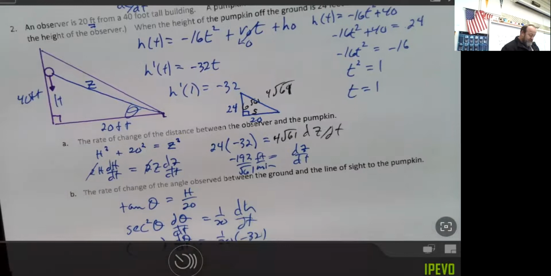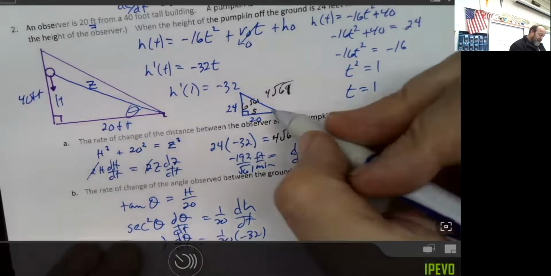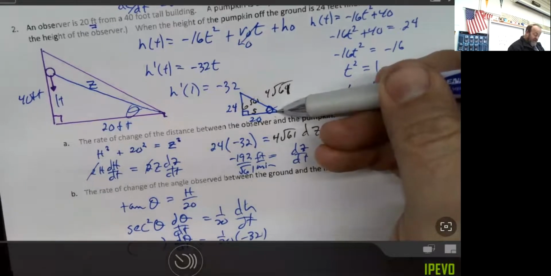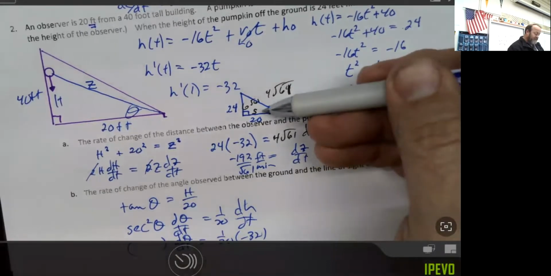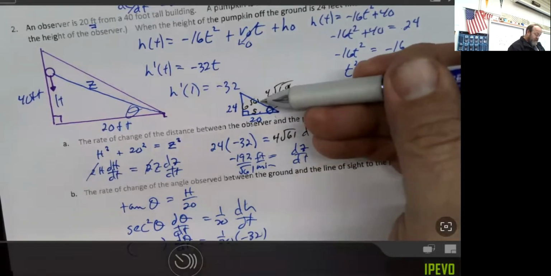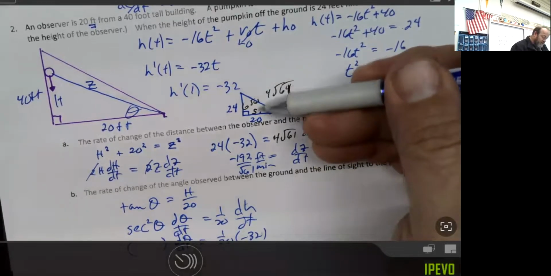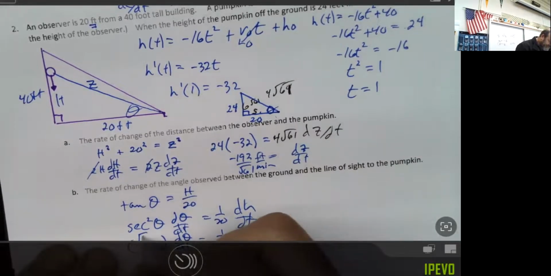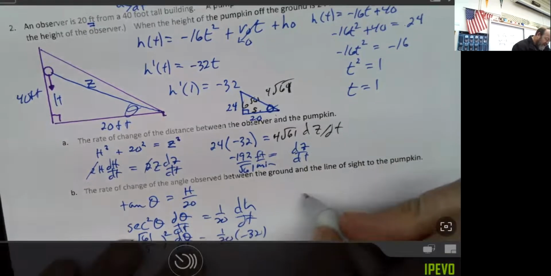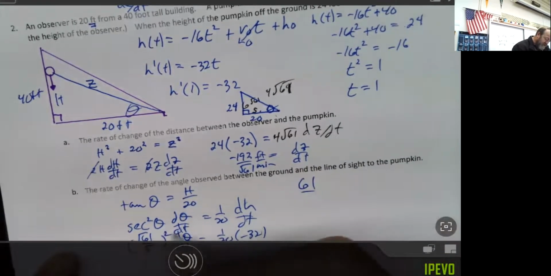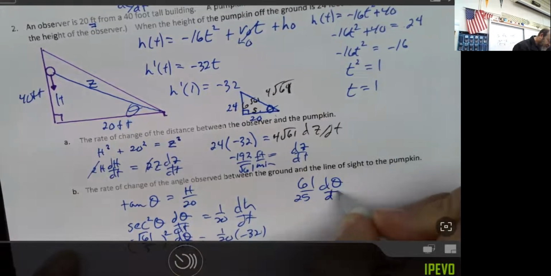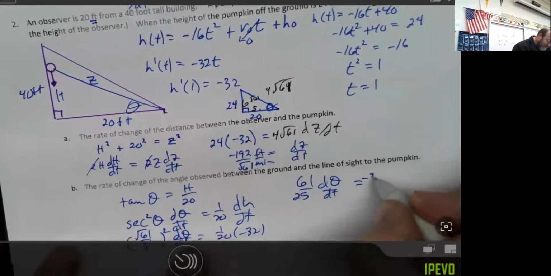Now, let's figure out what the secant is. From theta right here, the secant is basically the cosine flipped over, and the cosine would be 5 over root 61. So the secant would be root 61 over 5, but it said secant squared. So what I have is 61 over 25, d theta dt equals negative 32 over 20.